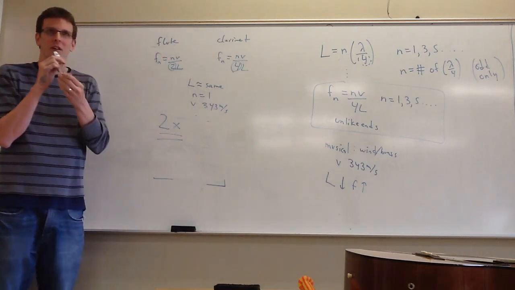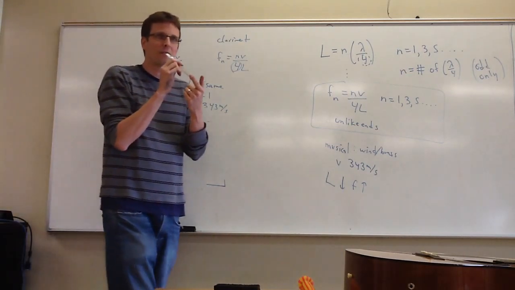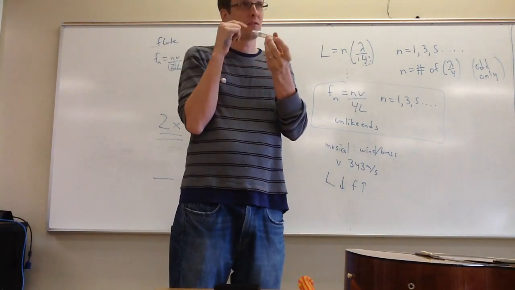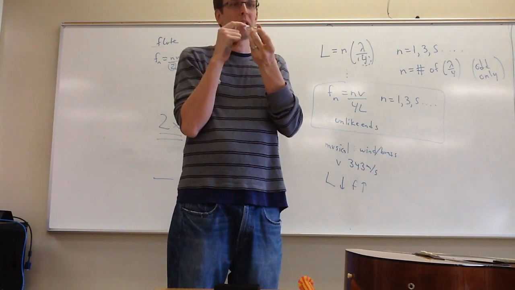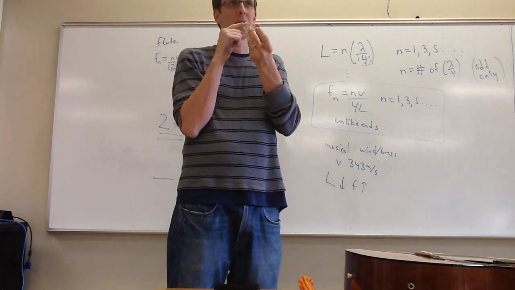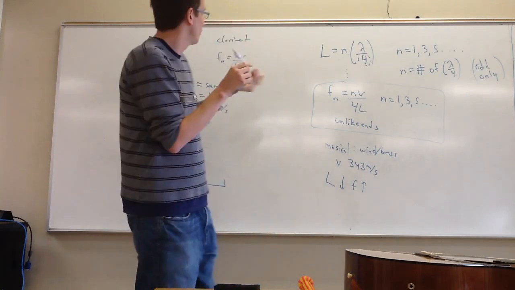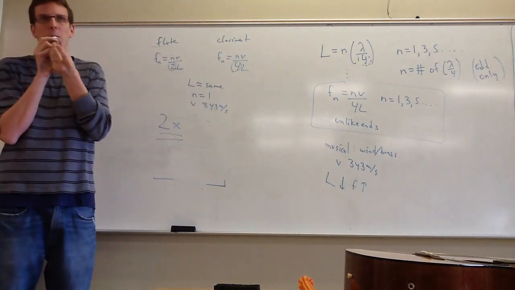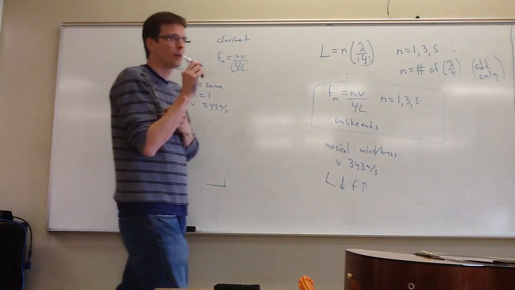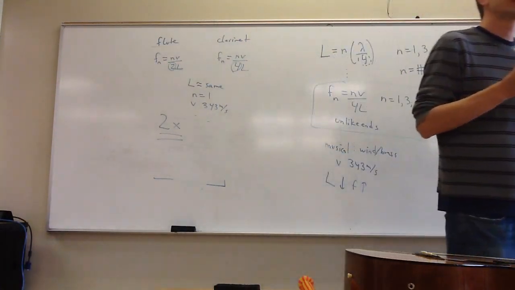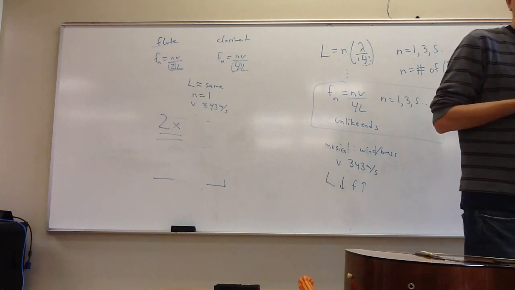Double. So this is with both ends being different. I'm actually causing vibration with my blowing. So this end is closed, this end is open. You can see there's a little hole in there. So that's like the clarinet. And then when I make both ends open, it doubles. Okay, so that's it for the standing waves unit. We'll do the Doppler effect on Friday.